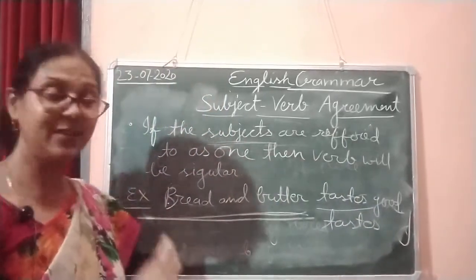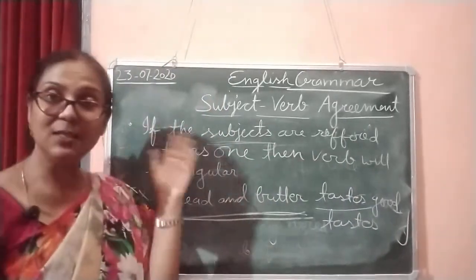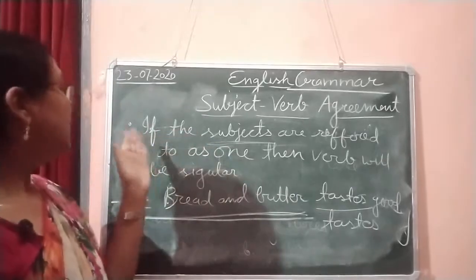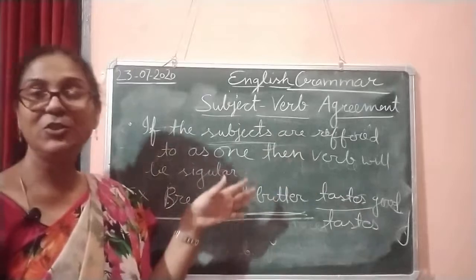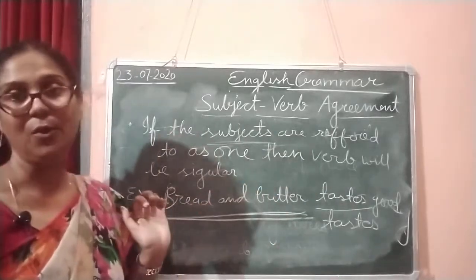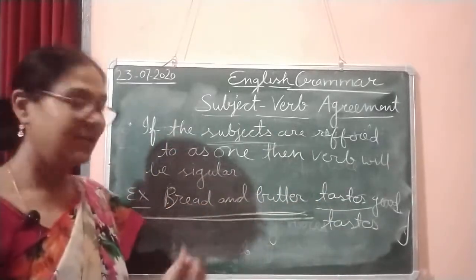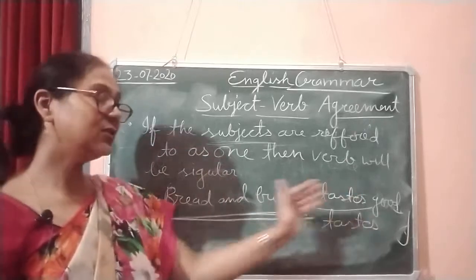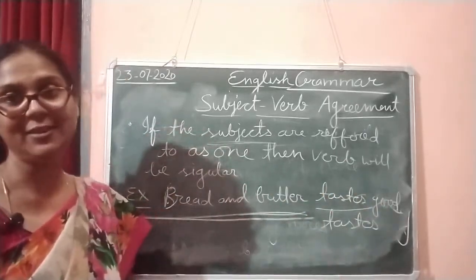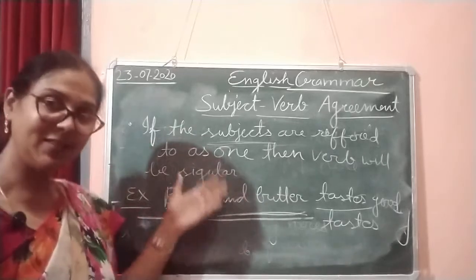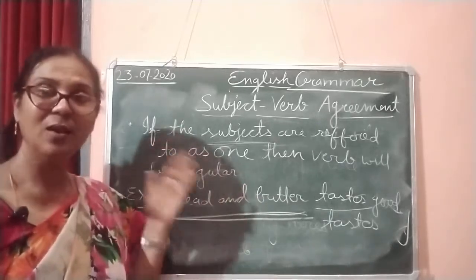Bread and butter tastes good. Because this is the point: if the subjects are referred as one, we will write the singular form of the verb. So bread and butter tastes good. That is why we have written it. So this is the third point we have to learn.